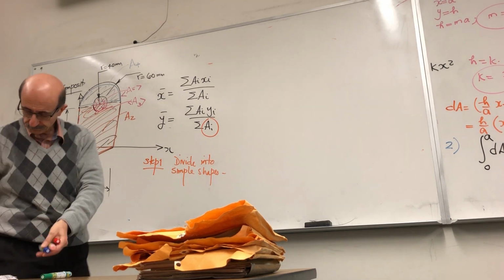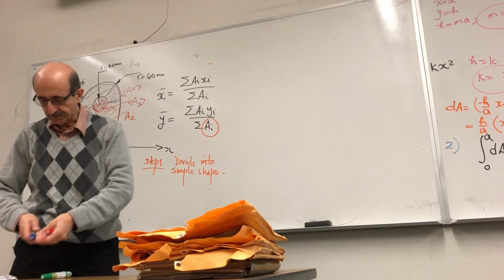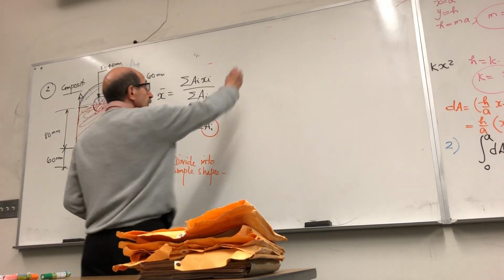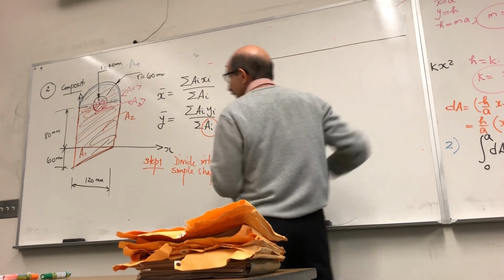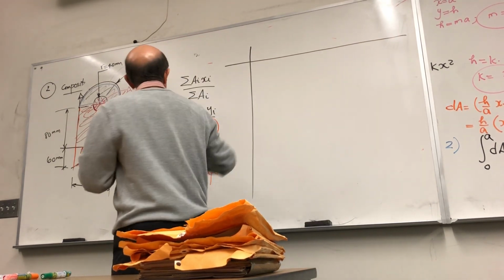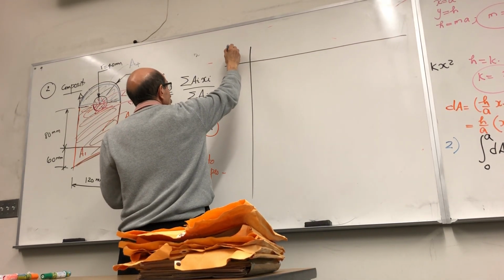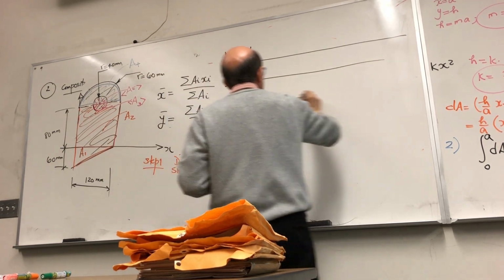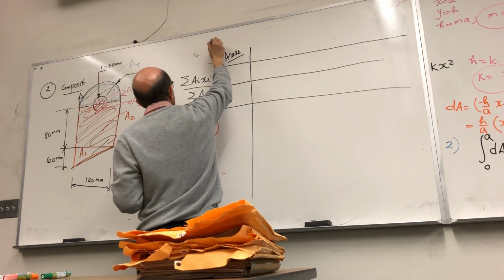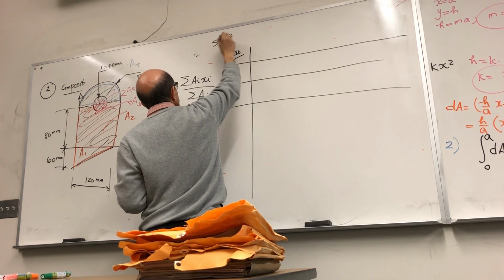Step two, now things get easier. All you do, start with a table. This is how you set up this table. First column, you just list those areas that you have created. So this is step two.